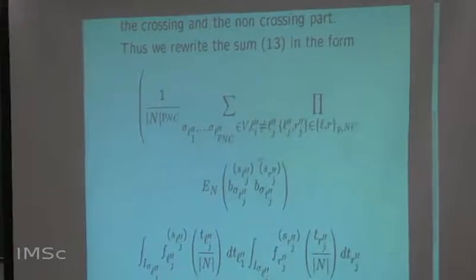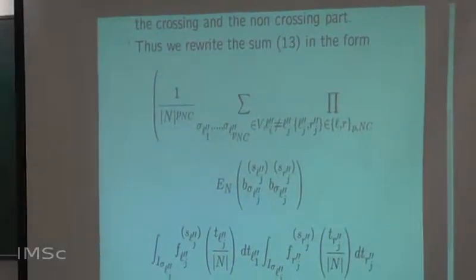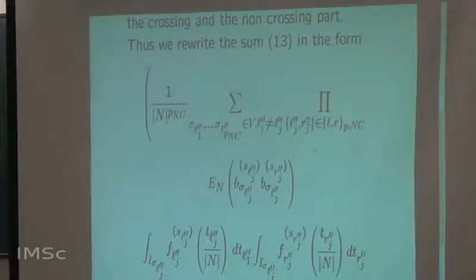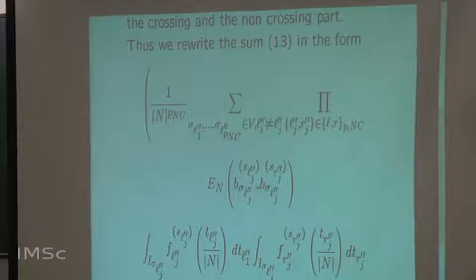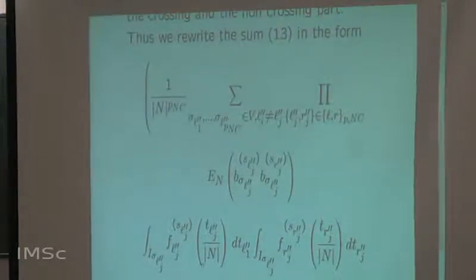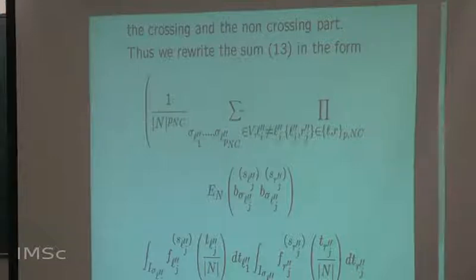So, when you take away all the non-crossing part, you have this product here. This product contains all the pairs which are non-crossing, and I have brought them out with the iterated procedure that I have told you. What remains is the totally entangled part. But now I am considering only the non-crossing part.